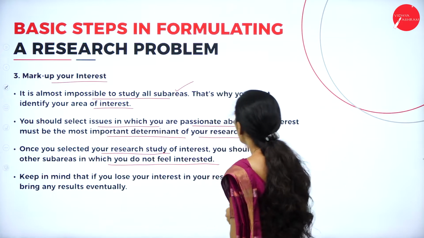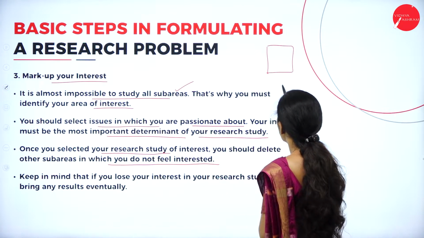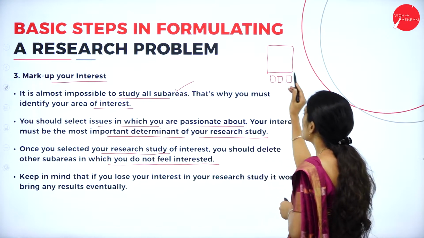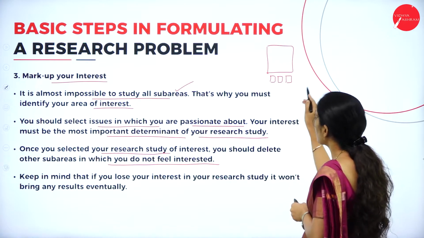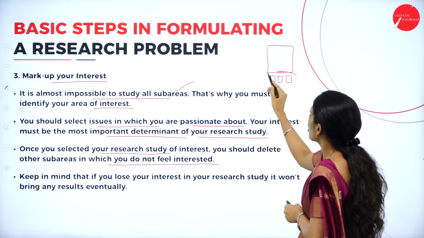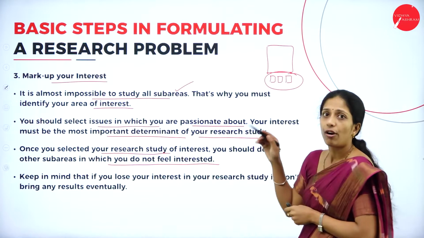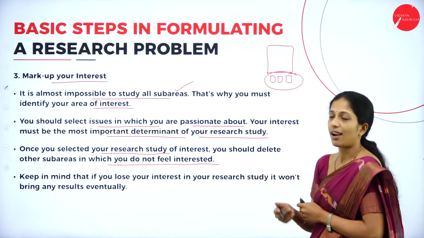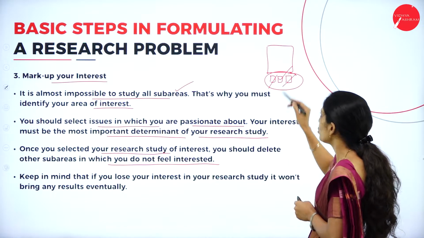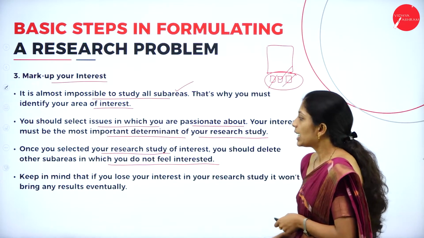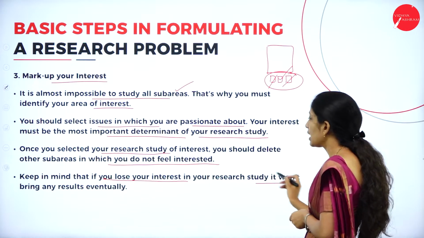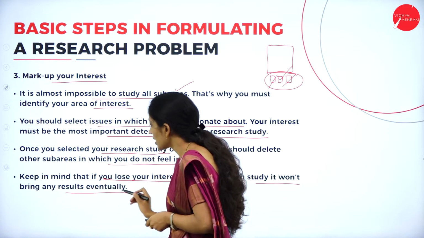There are a number of sub-areas, and we can't study all of them in detail. So here also you make a choice: out of these 3 sub-areas, which one I have to select. Suppose I am selecting this one, I have to delete these 2 sub-areas. Keep in mind that if you lose your interest in your research study, it won't bring any results eventually.